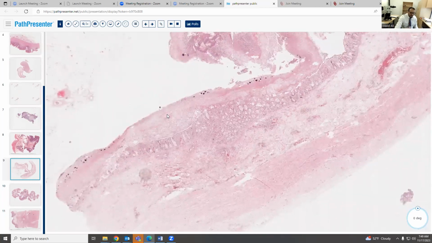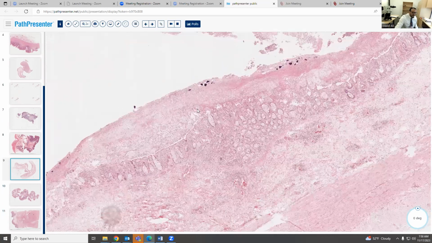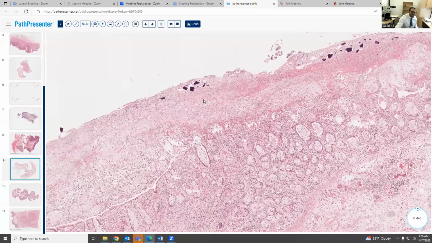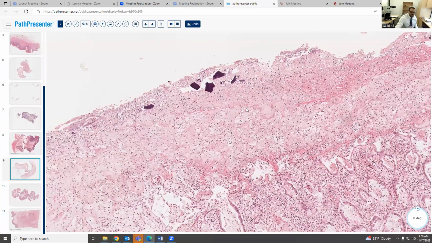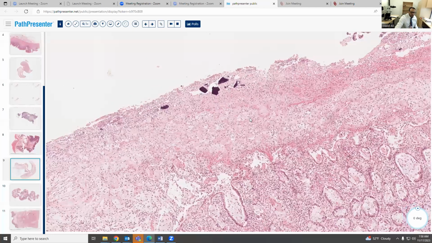Grossly, you're going to see a yellow granular membrane attached to the mucosa. And this case also has another very nice finding. This is called Kayexalate crystals.